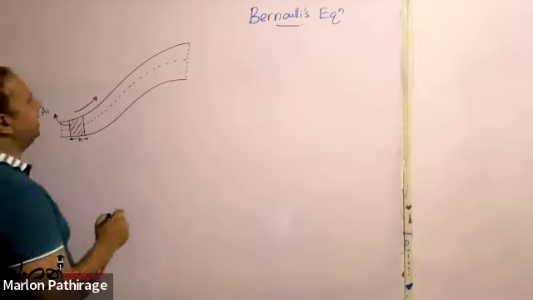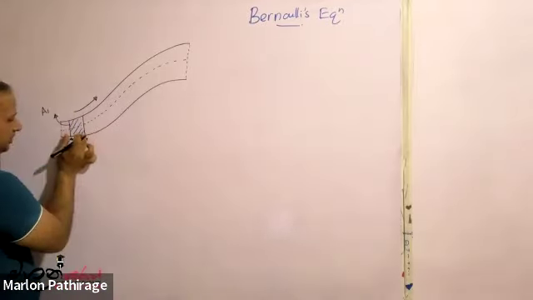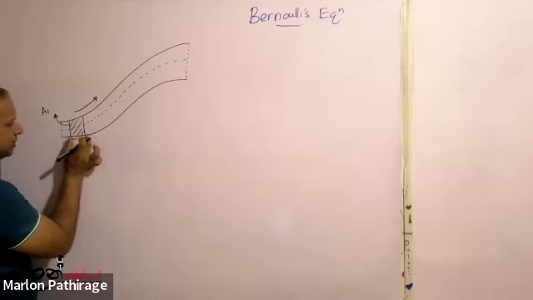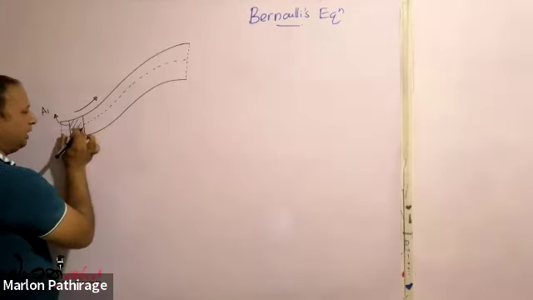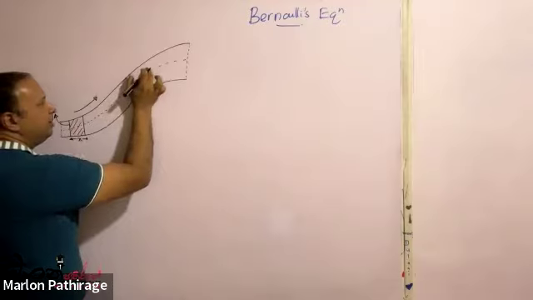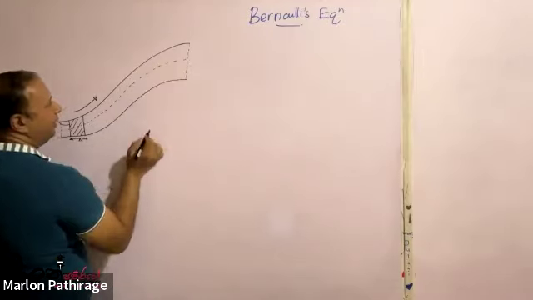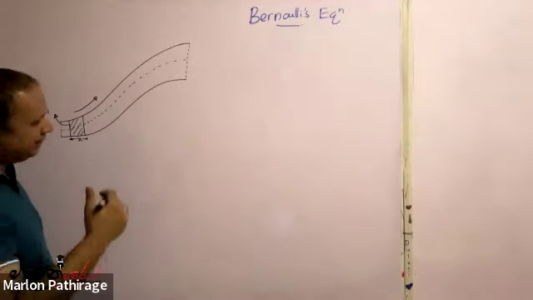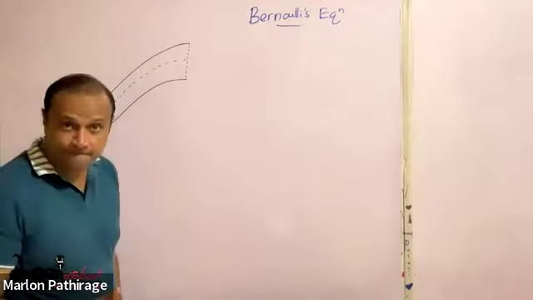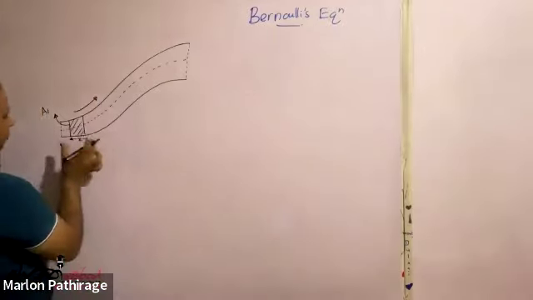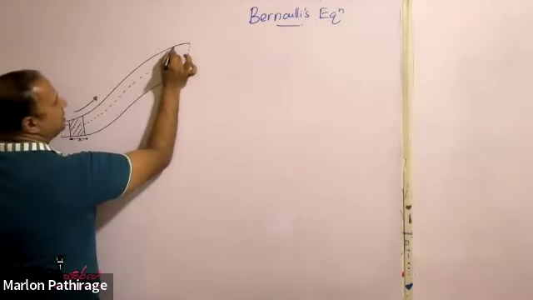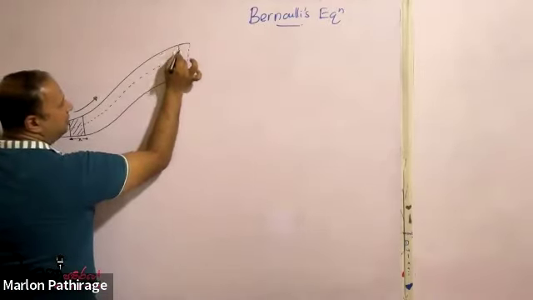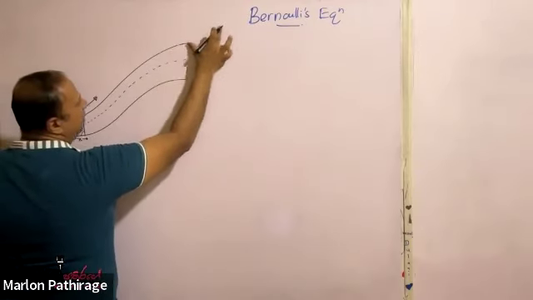Now this unit volume flows along this streamline to this location. This location has a higher cross-sectional area, therefore its thickness has to be reduced.